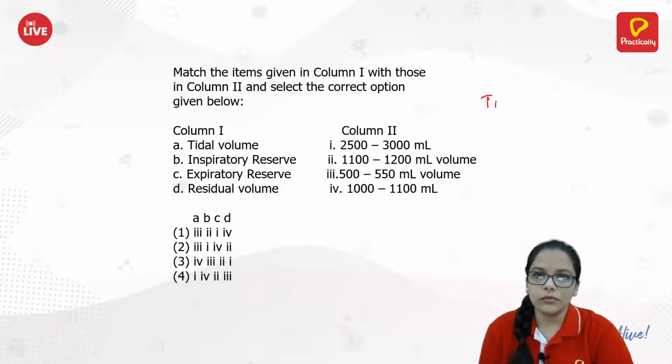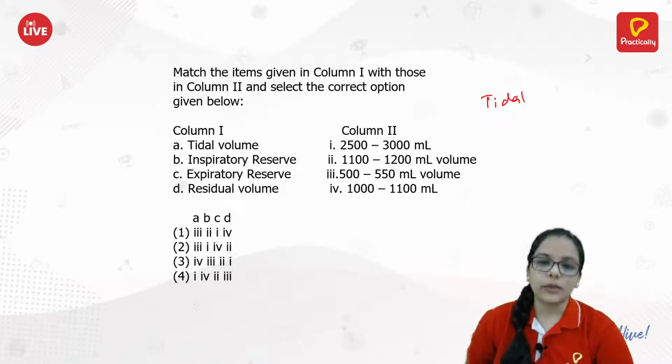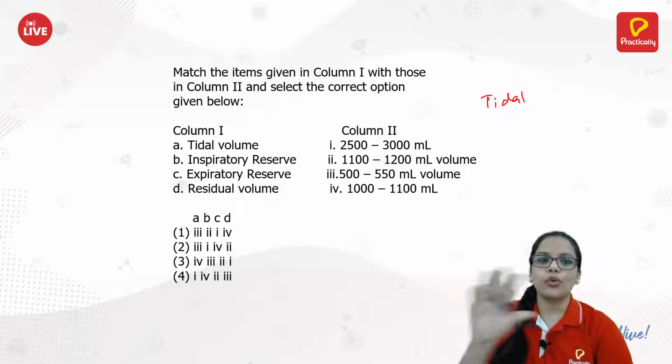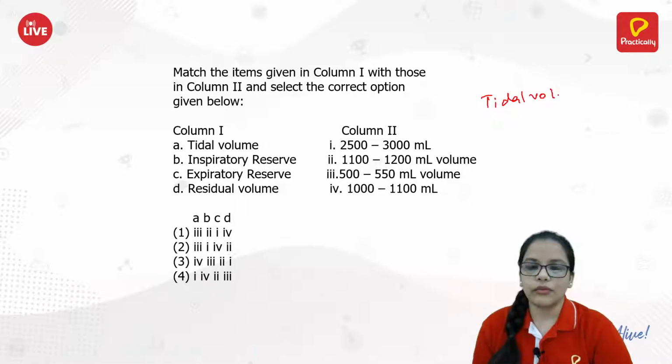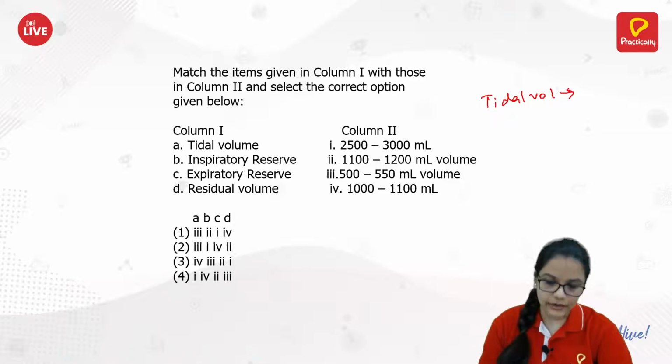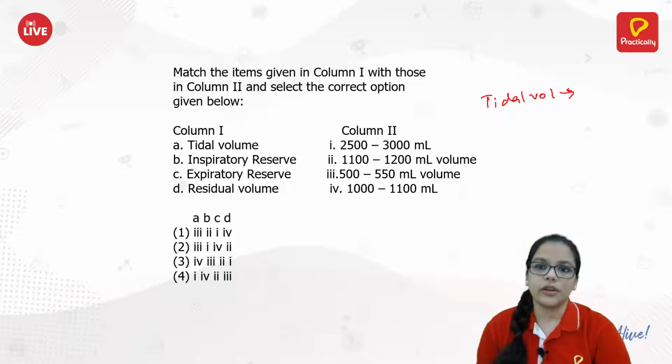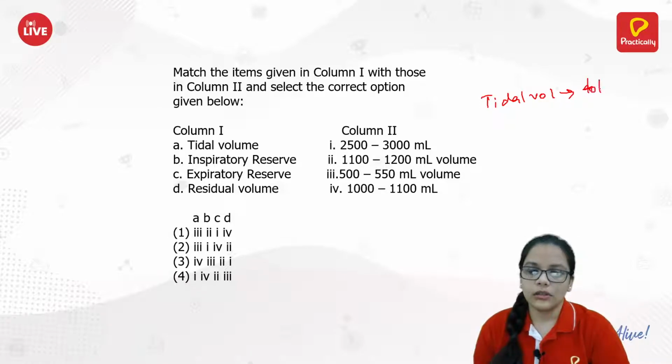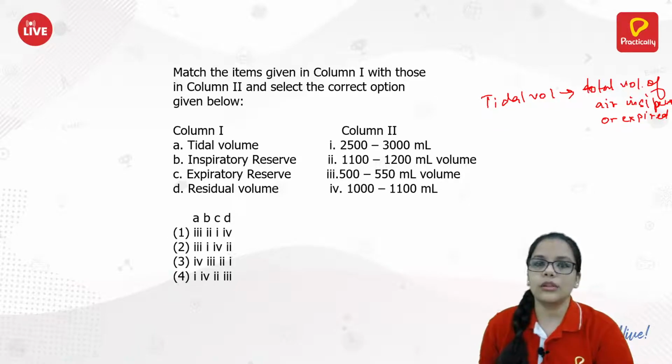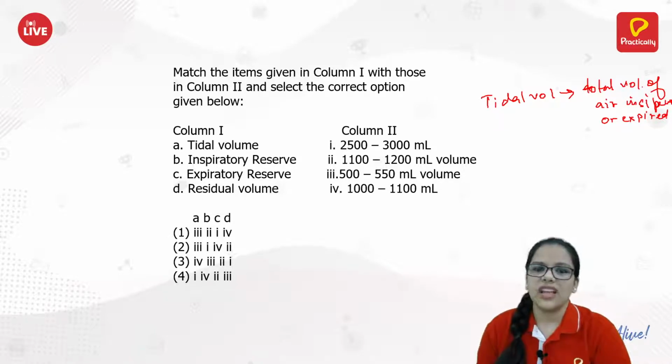Now, tidal volume: whenever we are breathing, the total volume of air inspired or expired, taken in and given out, that is the tidal volume. That is around 500 to 550 ml.